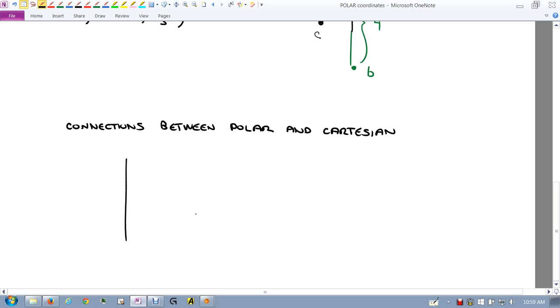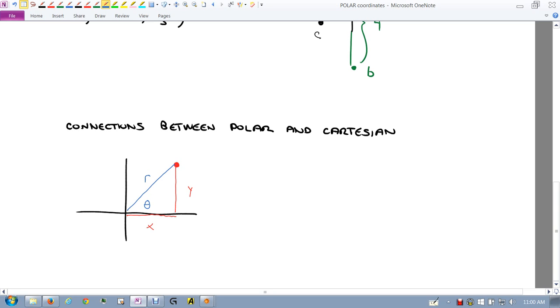And we'll start this by just going with a general point sitting out here. We know that in Cartesian, we have y here, we have x here. But in polar, we have the angle and we have the radius, right?